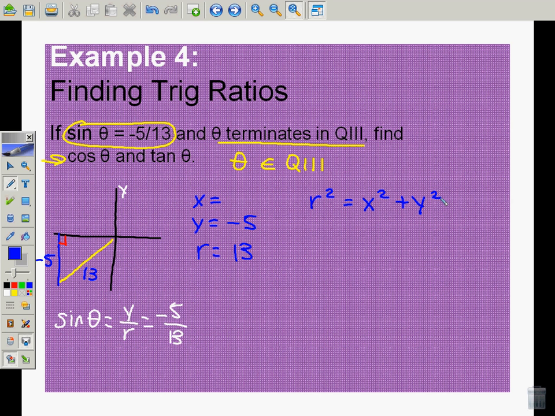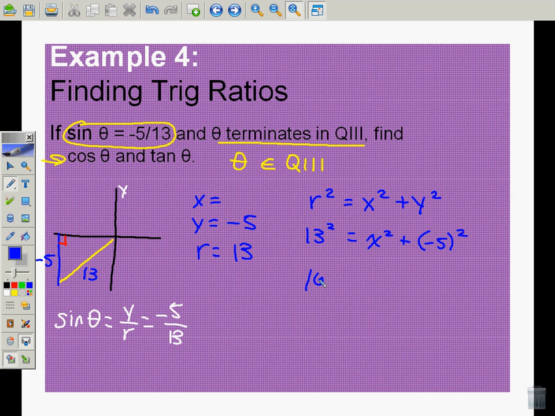All right. Now we fill in what we know. 13 squared is equal to negative 5 squared plus, let's erase this. We'll go in order for clarity's sake. 13 squared is equal to x squared plus negative 5 squared.